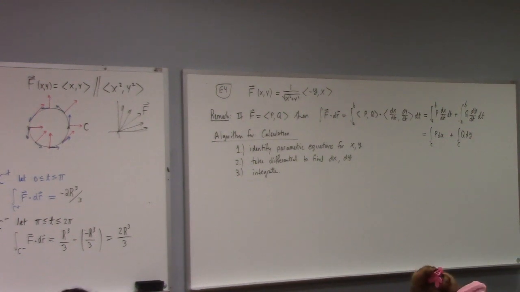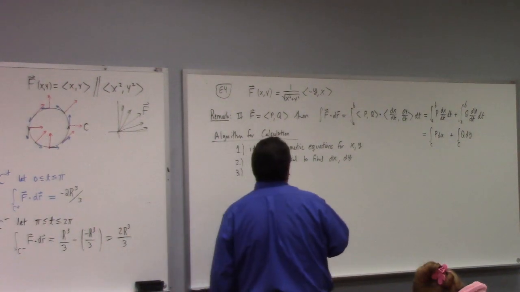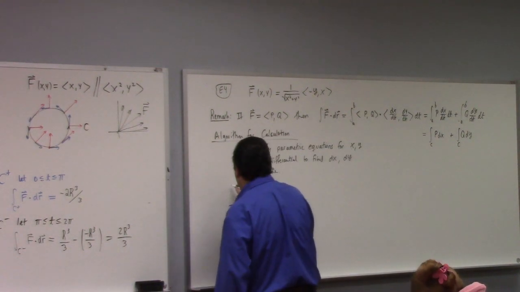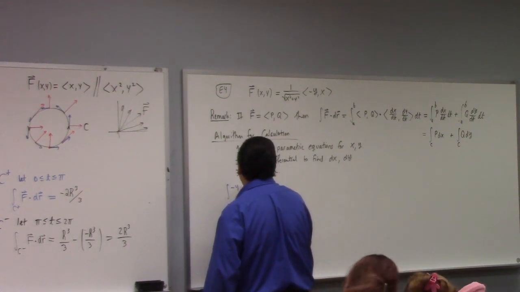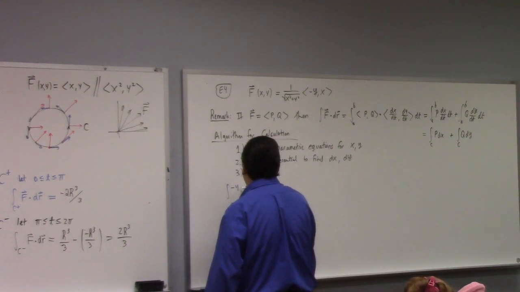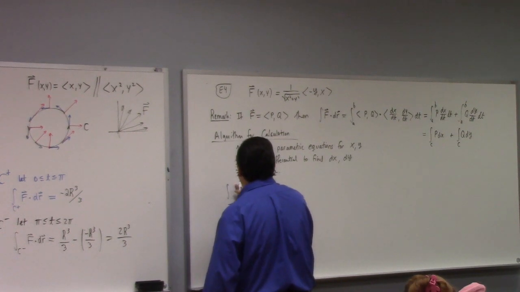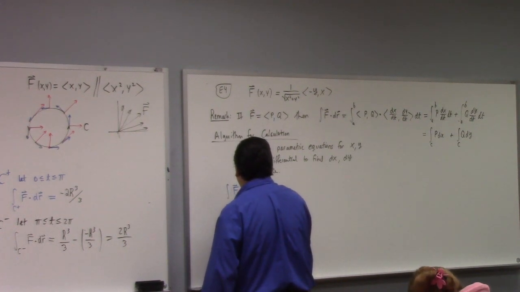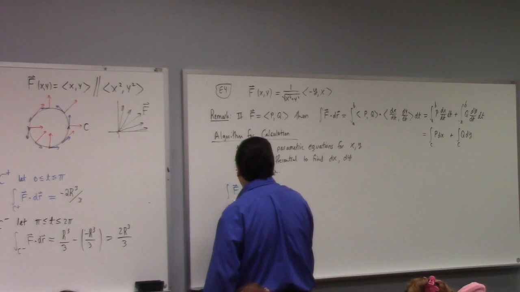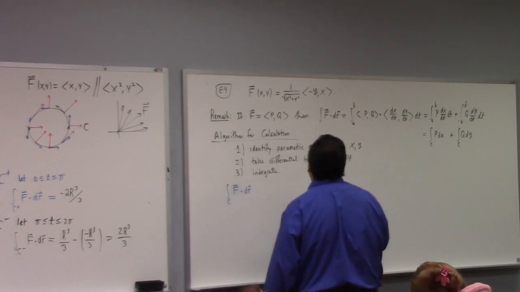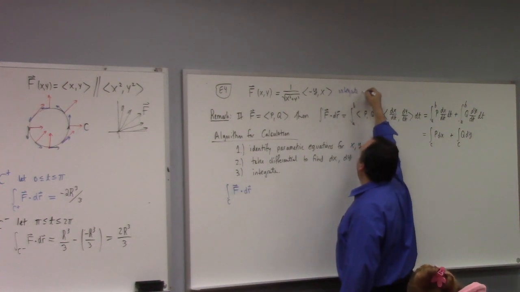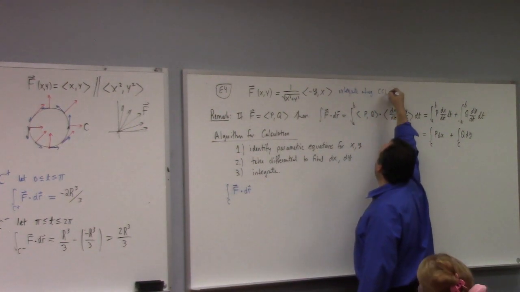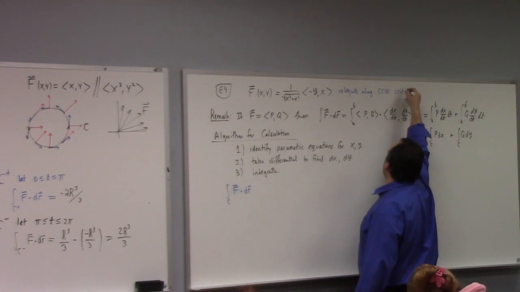Let's do that. So if we have F dot dr along the unit circle again, so I want to integrate along the counterclockwise unit circle, okay?